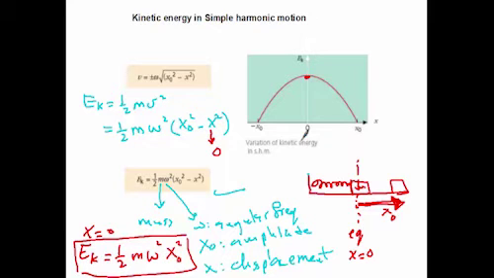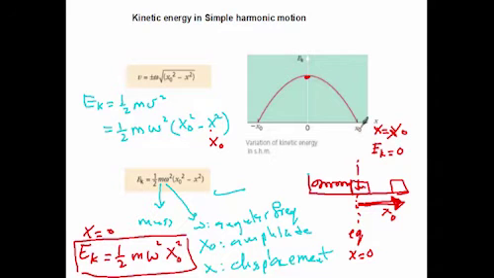Now for x equal to x naught, going back to the equation, when substituting x with x naught, we will get x naught square minus x naught square, so kinetic energy equal to 0.